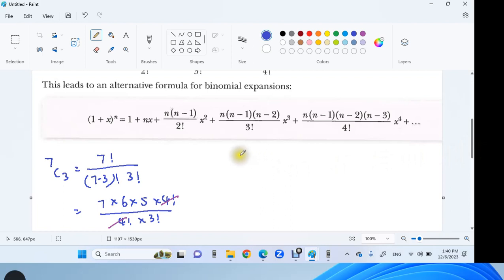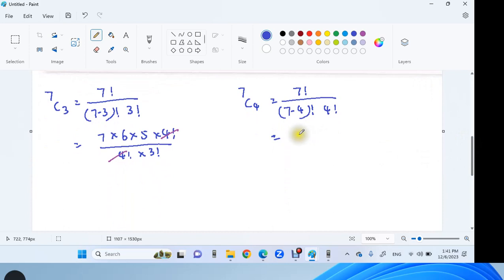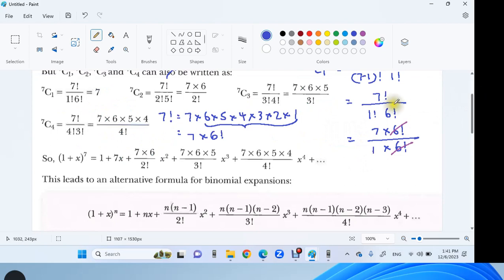And we have 7C4 here. It will become 7 factorial over (7 minus 4) factorial and 4 factorial. So this one is 7 times 6 times 5 times 4 times 3 factorial over 3 factorial, 4 factorial. So this one we cancel. What remains is 7 times 6 times 5 times 4 over 4 factorial.